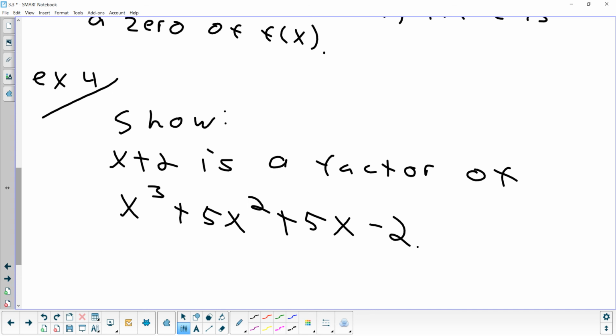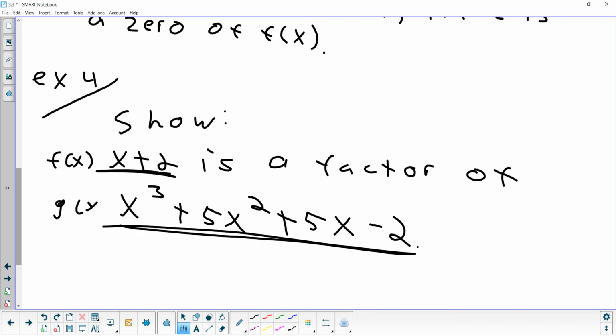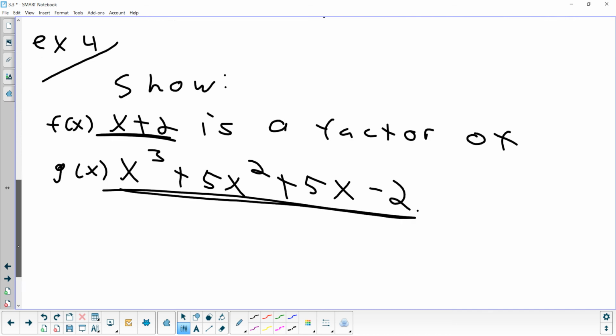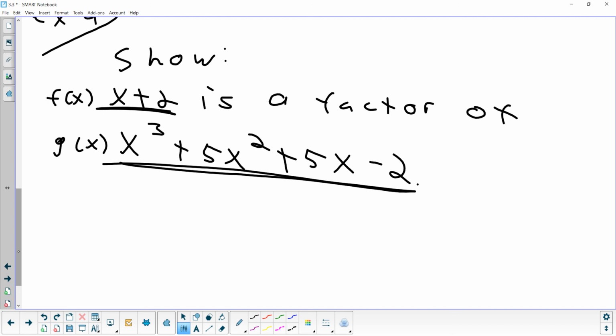So let's pretend that this part is f of x. This part we'll call g of x. Look at f of x and tell me what number would I plug in from f of x into g of x to get the remainder. Leilani? Negative 2.